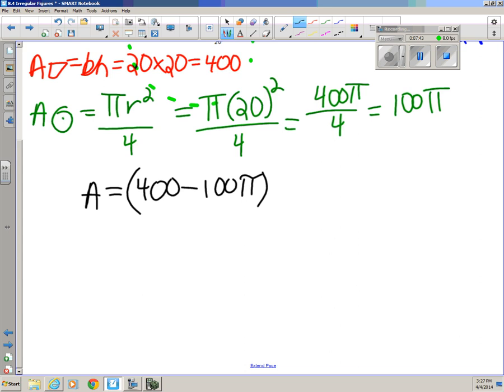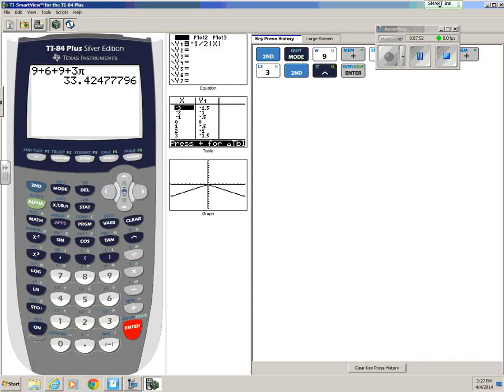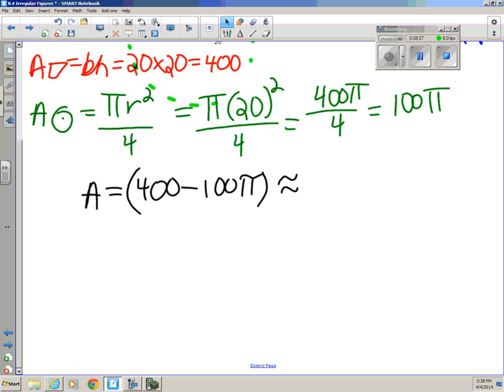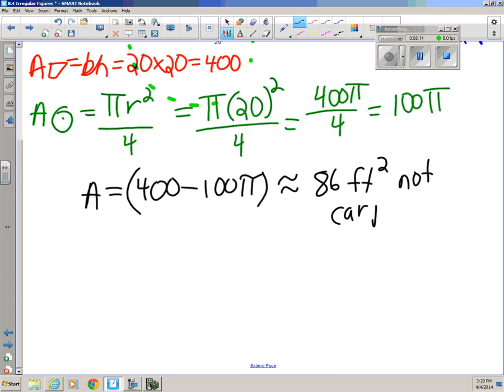Oh, it says to the nearest square foot. Actually, here's where we go to the calculator. So this is approximately 400 minus the carpet, 100 pi. Round this to the nearest square foot. 85.8 should become 86. So the answer here is going to be 86 feet squared, not carpeted.